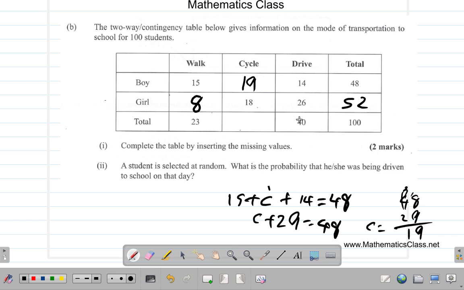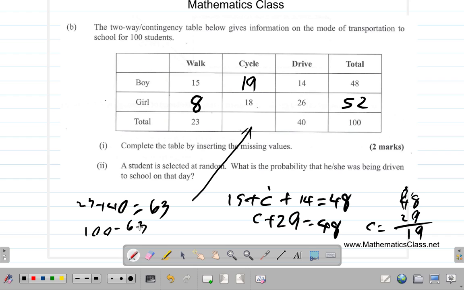So now, at the total, 23 walk, 40 drive, total of 100. With this now, we're going to say 23 plus 40 would be what? 63. 100 minus 63.